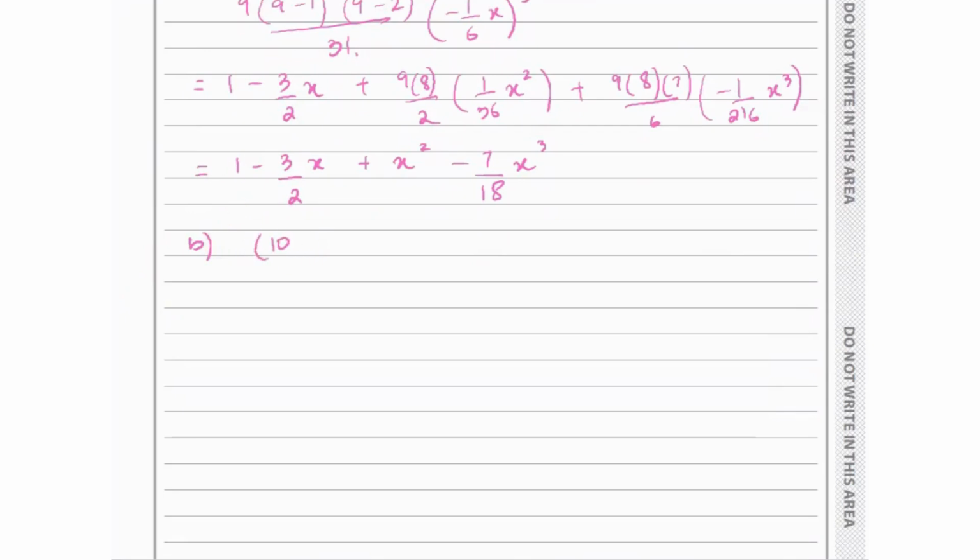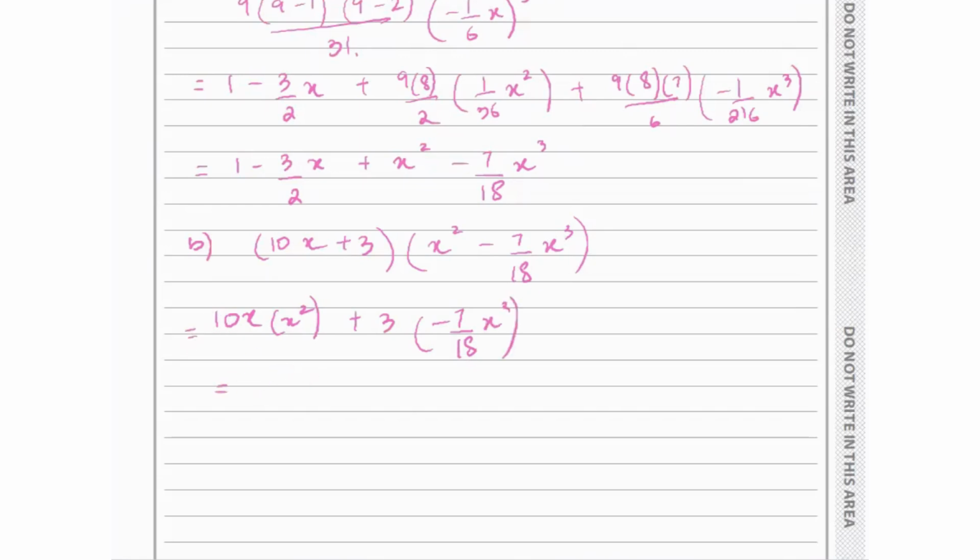So 10x plus 3 multiplied only by x squared minus 7 over 18 x cubed. We don't need to write the entire thing because our focus is just on x cubed, not on the other terms. So 10x times x squared plus 3 times negative 7 over 18 x cubed.